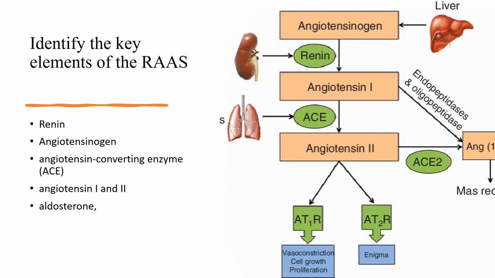ACE is mainly found in the lungs, but can also be present in other tissues. Angiotensin 2 is a potent vasoconstrictor, meaning it causes blood vessels to constrict, leading to an increase in systemic vascular resistance and subsequently raises blood pressure.